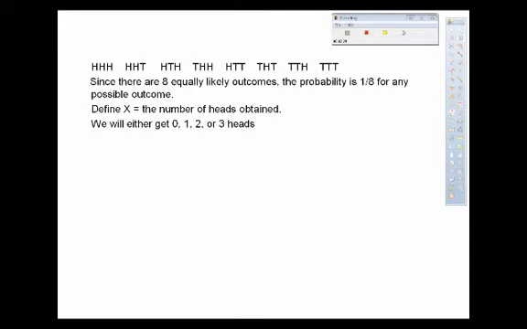We're going to define our X, or our random variable, as the number of heads obtained. We will either get a 0, a 1, a 2, or 3 heads. How likely is X to take those values? Well, this is our distribution. For 0, there's only one way to get that.